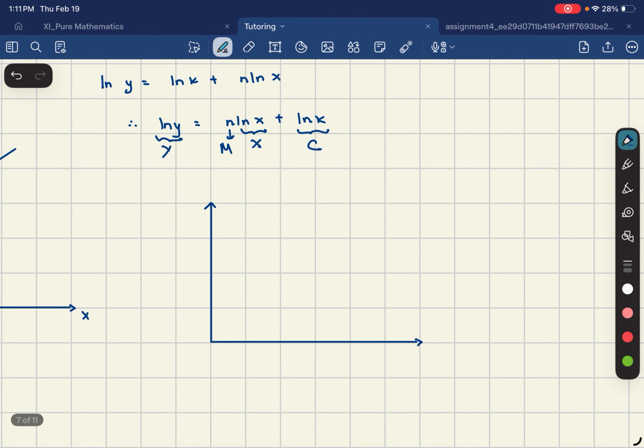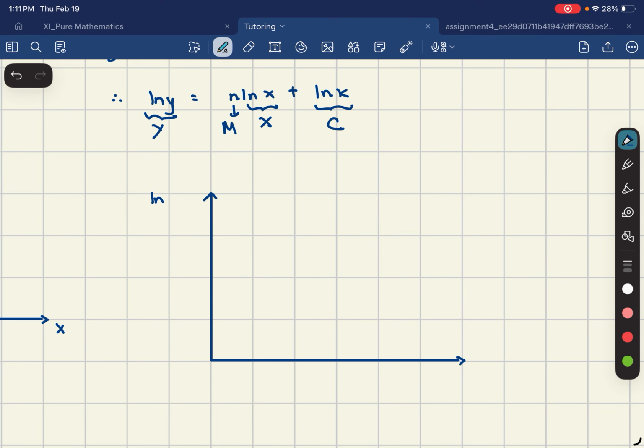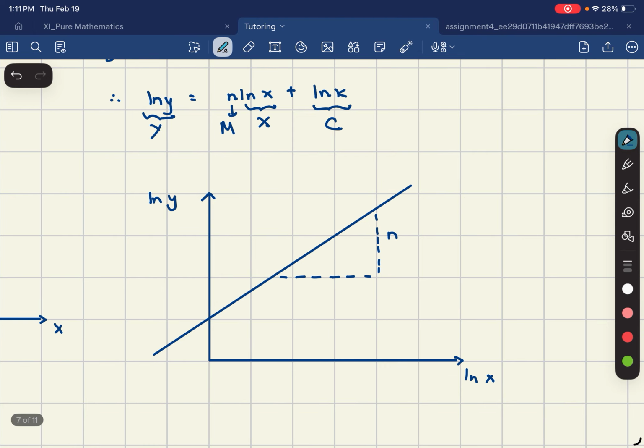In this linear graph, we can see that if I plot ln Y against ln X, if I plot capital Y against capital X, then I again have a straight line graph. And the slope of this straight line graph, the rate of change, or the rise over run, is going to be n, or capital M, and the y-intercept is going to be ln k.